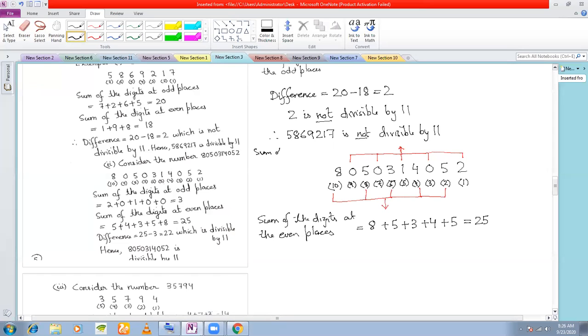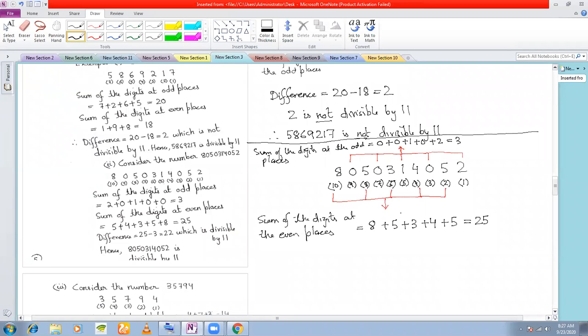Sum of the digits at the odd places is equal to, in the 9th position you have a 0. In the 7th position, again you have a 0. In the 5th position, you have a 1. In the 3rd position, you have a 0. And in the 1st position, you have a 2. So this adds up to 3.